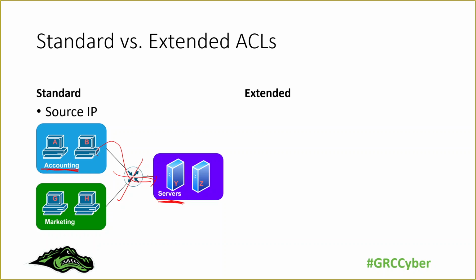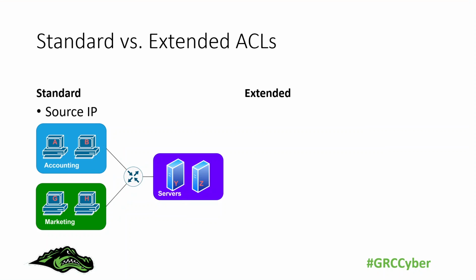Since the accounting department in this scenario is all on one network, I can easily look at the source IP and block that source IP from accessing the server environment. The marketing department then, since they're coming from a different network, would have access to the server environment.